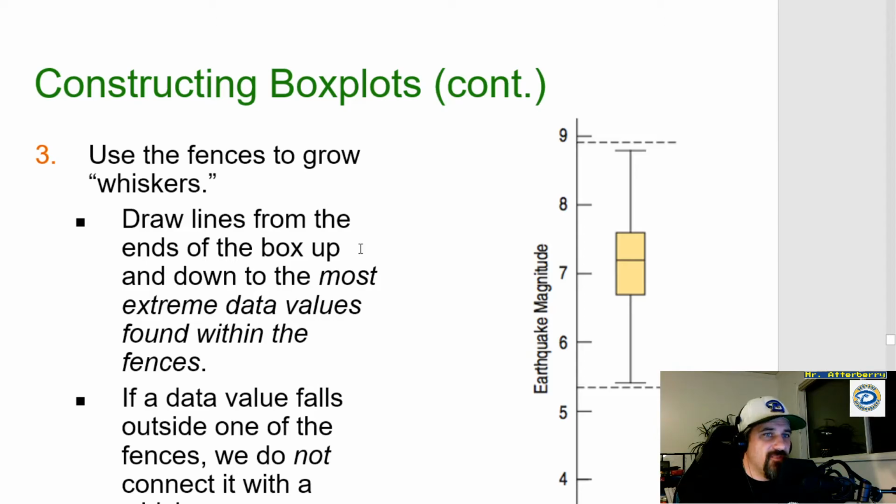Find your fences first, and if you have numbers beyond those fences, ignore those for a short bit. Find the numbers that are below or above, depending on your fence, and do not move beyond the fence. If data values fall outside of one of those fences, we do not connect it with a whisker. So that's called a box, that's called a whisker, box and whisker plot.